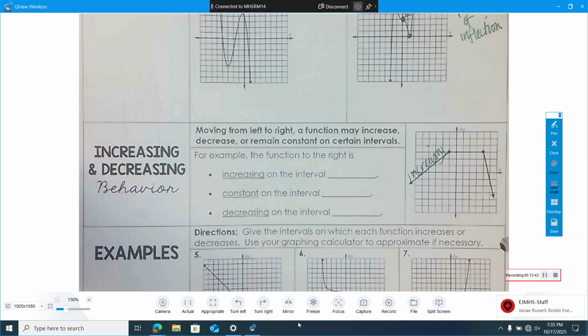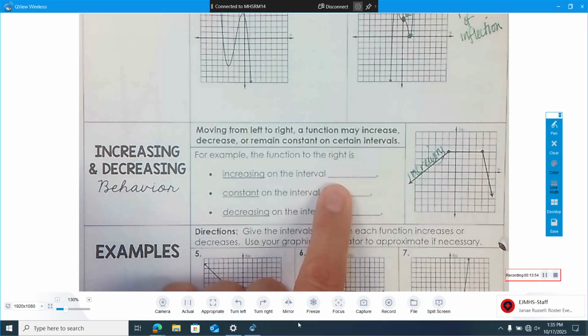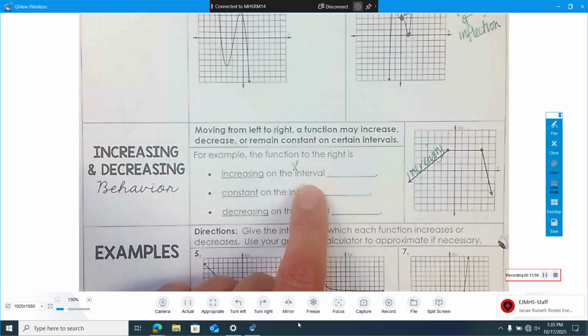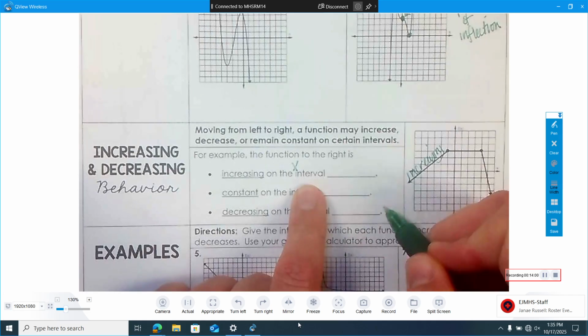Now, when we talk about the interval, I care about the independent variable. Our independent variable is the x-axis. Everything we care about is an x, okay? On the x interval, this graph is increasing.